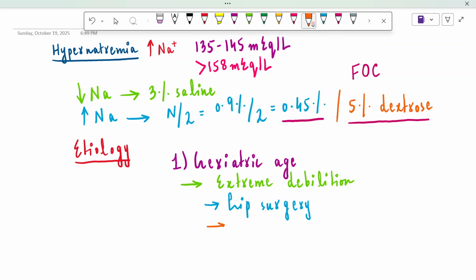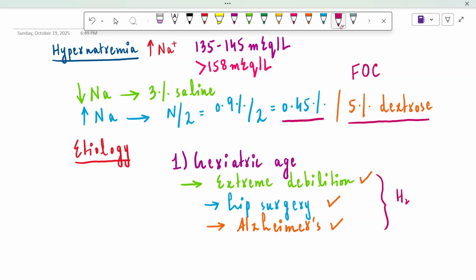And the next thing from the geriatric age is Alzheimer's disease. In case of Alzheimer's disease, the patient's memory is lost and the patient cannot walk properly, or talk properly, or has extreme debilitation. So they cannot ask for water, okay?